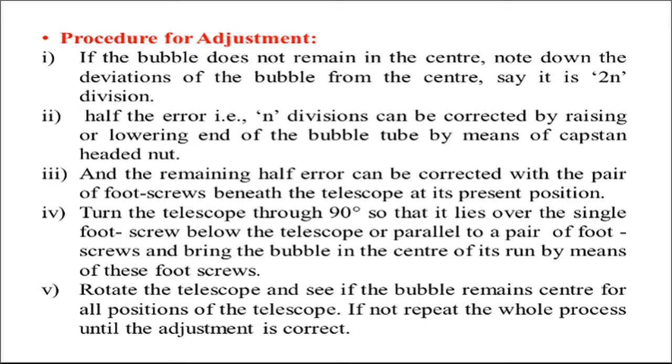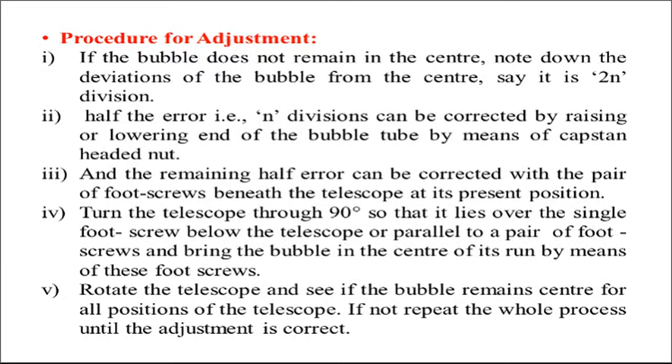Fourth step: turn the telescope through 90 degrees so that the telescope lies over the single foot screw, or parallel to the pair of foot screws, and bring the bubble to the center of its run by means of this foot screw. Fifth step: rotate the telescope and see if the bubble remains in the center for all positions of the telescope.